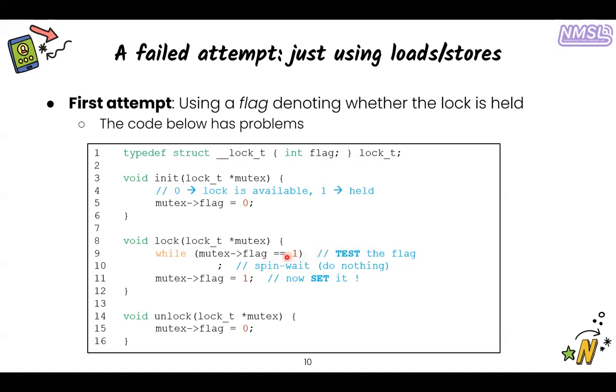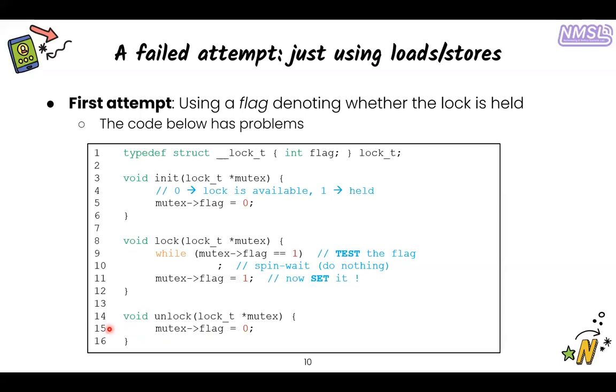If it's already locked, then you do nothing, or we call it spin wait. You're just going to wait until it becomes free. Once you get out of the while loop by knowing that when you test, the flag is 0, then you set it, and then you enter the critical section. When you're done, you unlock it by setting the flag back to 0.